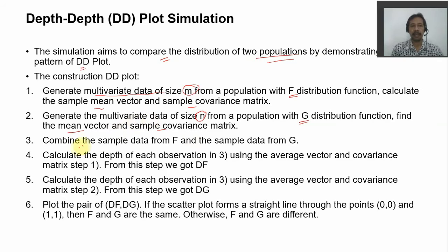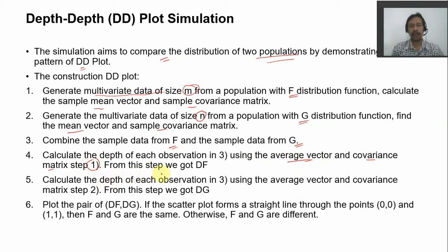The third step is we combine the sample data from F and from G, from the first step and the second step. And then we calculate the depth of each observation in the combined data using the average vector and covariance matrix of step 1.